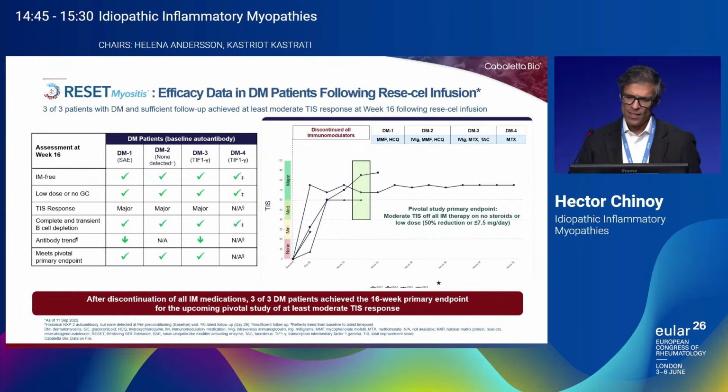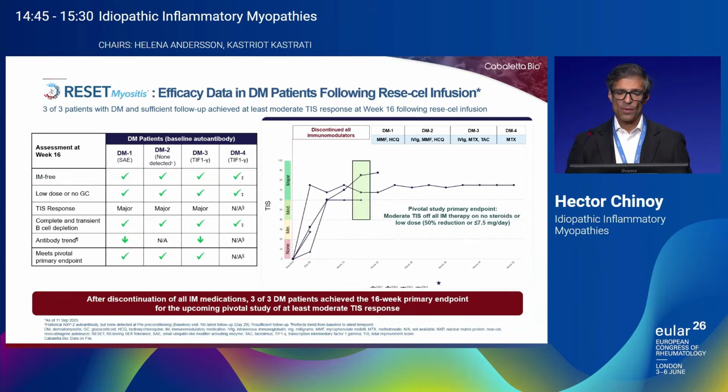So this is some of the data for dermatomyositis. And in fact, there's more updated data that has been presented at this conference. On the left-hand side, you'll see a summary of the 4 patients. And on the right-hand side is the TIS score. And we see a rapid improvement into the major category for dermatomyositis.